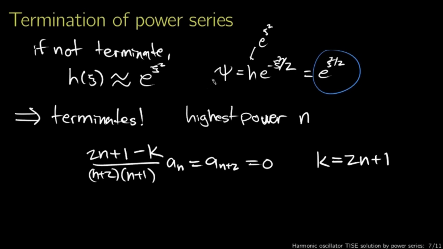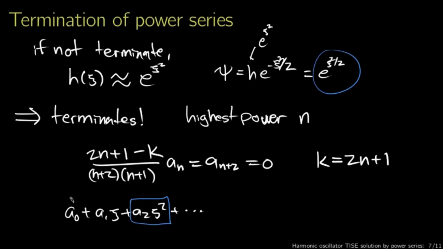But before I talk about quantization, I want to make another note about the structure of the power series. Our power series looked like A0 plus A1 c plus A2 c squared, etc. If my highest power were, say, A2, if I was going to terminate here, that's fine.